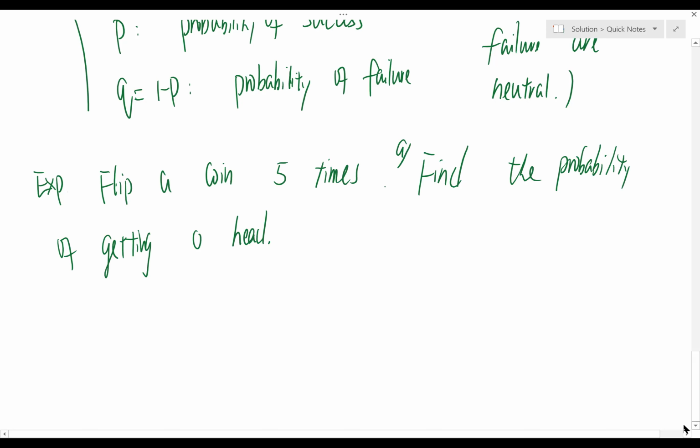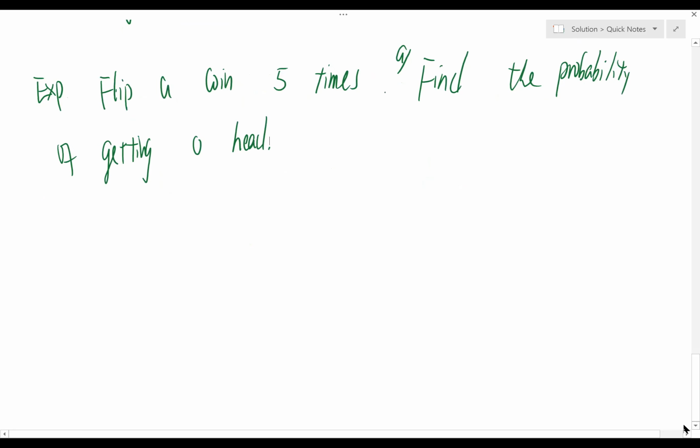Okay, so now let's take a look at how we solve it. In order to apply the binomial probability distribution, we need to verify this is a binomial probability distribution. So check the 4 conditions: outcomes in 2 categories, fixed number of trials, trials are independent, and probability of success and probability of failure remain constant.